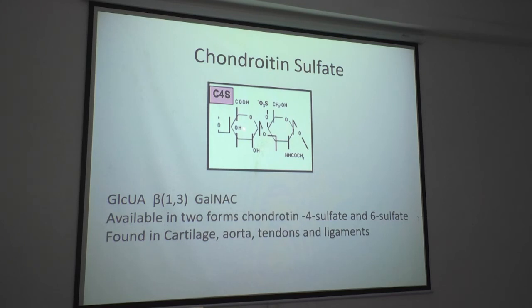Uronic acid, glucosamine, and that's it, glucosamine. Uronic acid, beta 1.